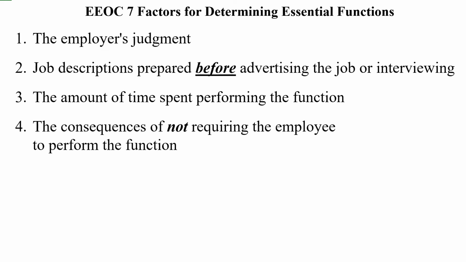Okay, what would happen to the job if the employee didn't do it? The terms of a collective bargaining agreement. Yes, the National Labor Relations Act, in a lot of instances, trumps the ADA. So if you've bargained something in a collective bargaining agreement that says that this is what such and such or a certain person has to do, or seniority or something, that's going to be given a lot of weight.